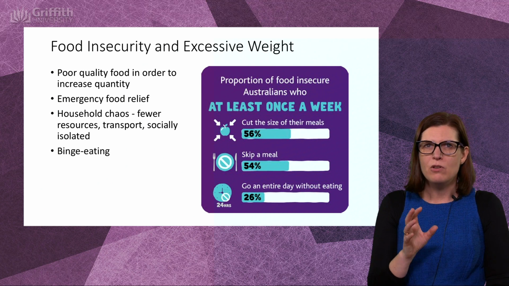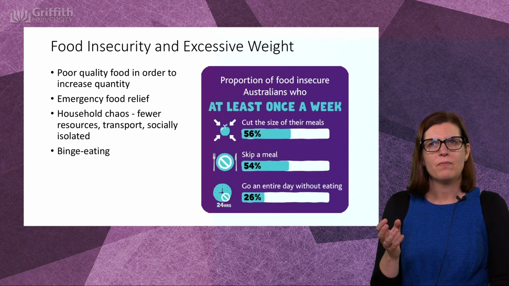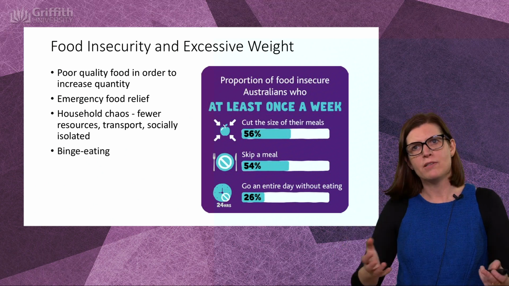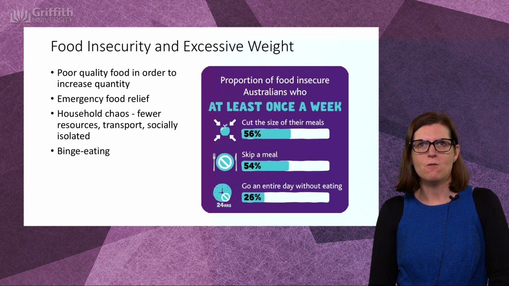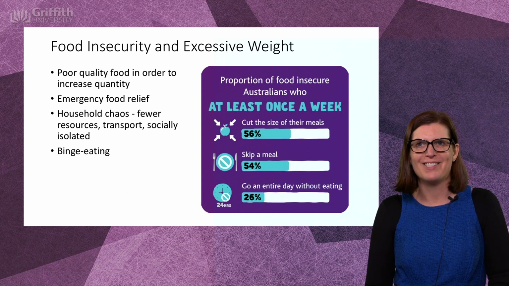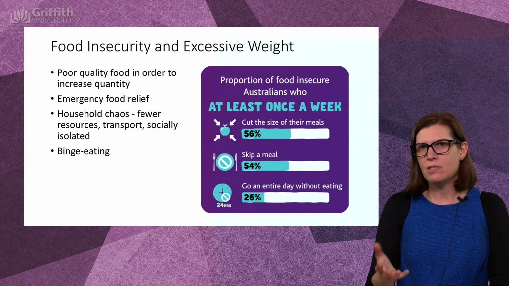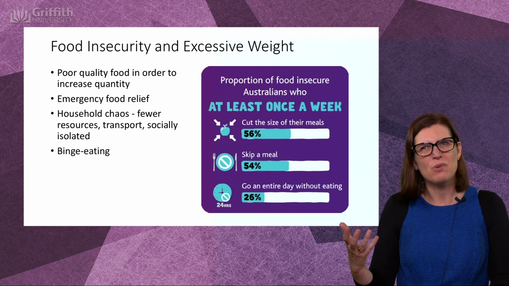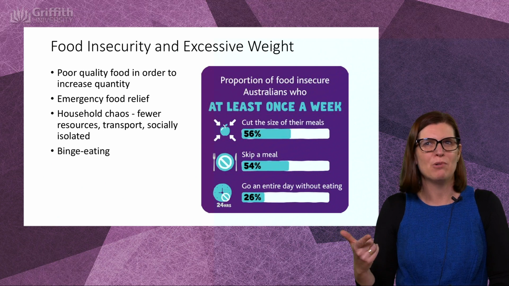You might be using emergency food relief. And I don't know if any of you have seen what is in a package or a basket or a food parcel. I certainly have. And I've certainly looked at it thinking, wow, there's a lot of processed food in here. Now there's processed food in there because that's what's donated and it's stable.